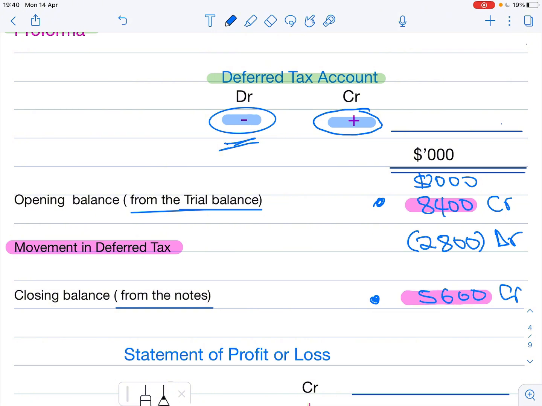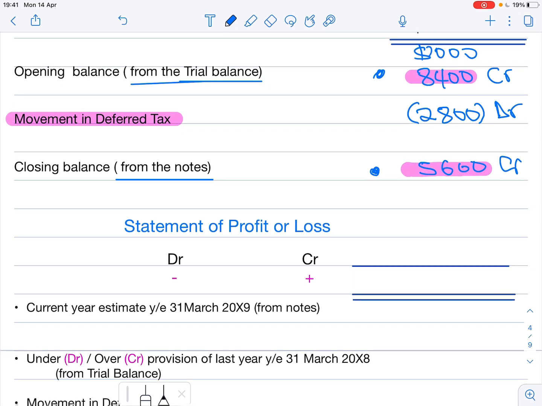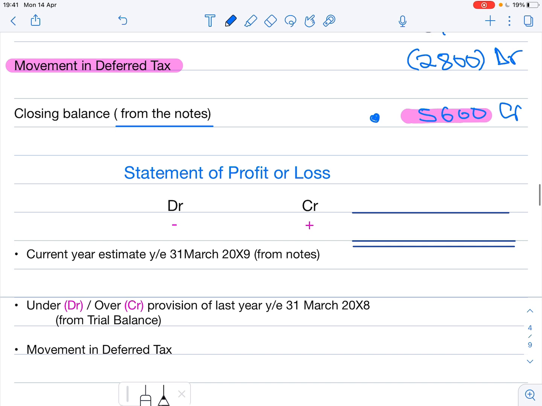As it is a debit balance, there will be a need for us to get the credit balance, because for every debit there must be a corresponding credit entry. So the 2.8 is a debit balance in the deferred tax account. Where would the corresponding credit entry go to? Well, the corresponding credit entry will come to the statement of profit or loss. Now look at these other accounts.